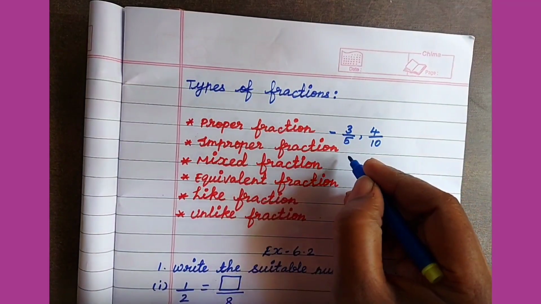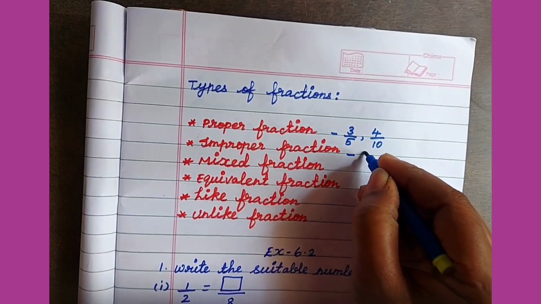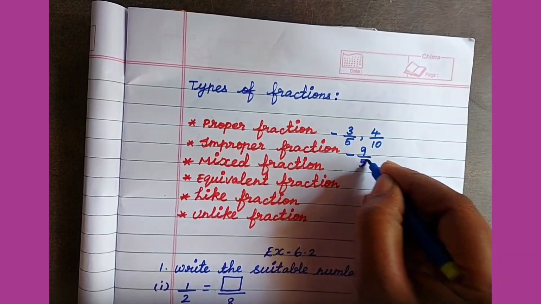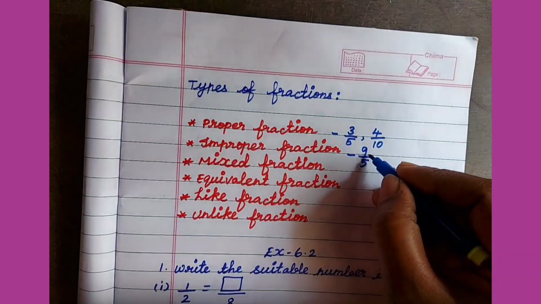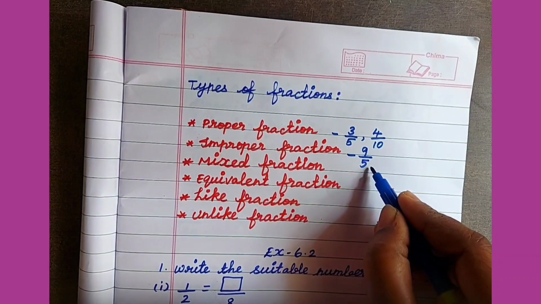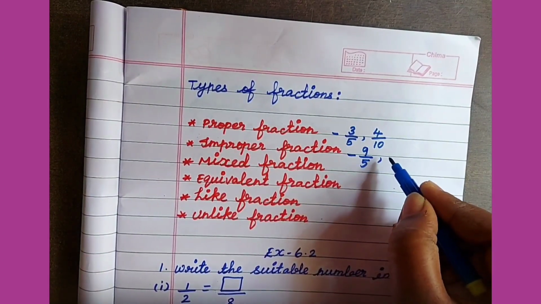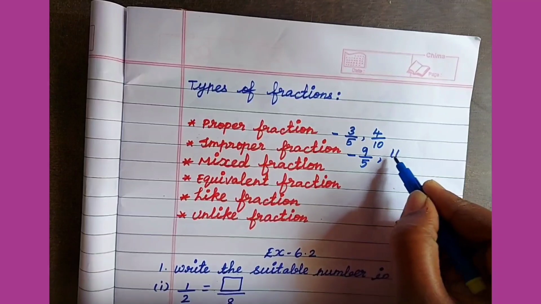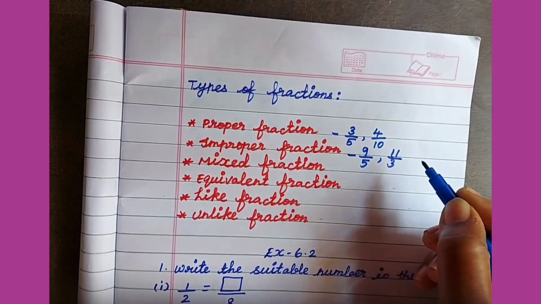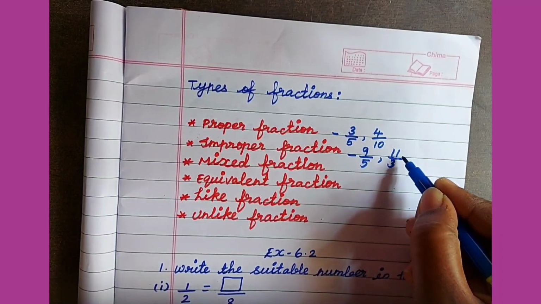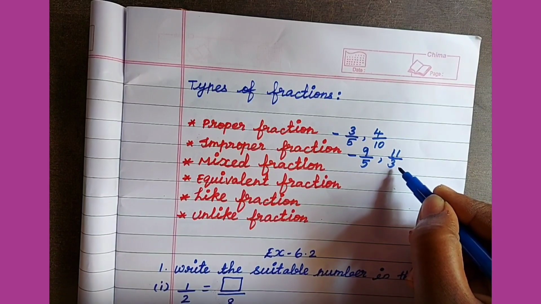For example, 9 divided by 5. Another example, 11 divided by 3. 11 is a big value, 3 is a small value.